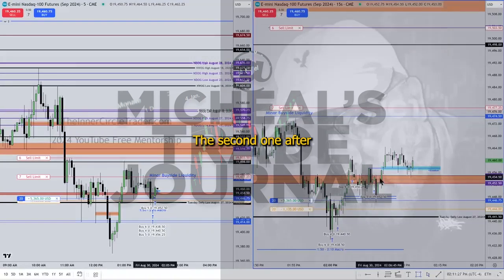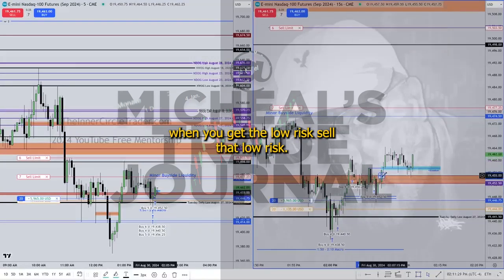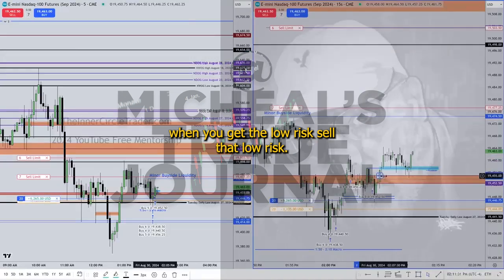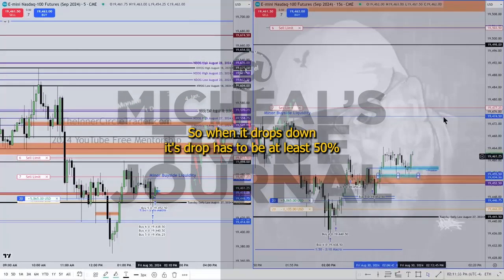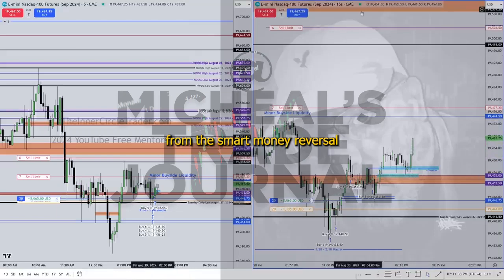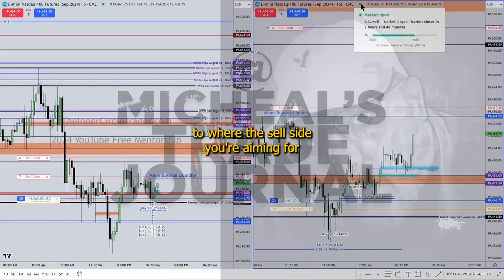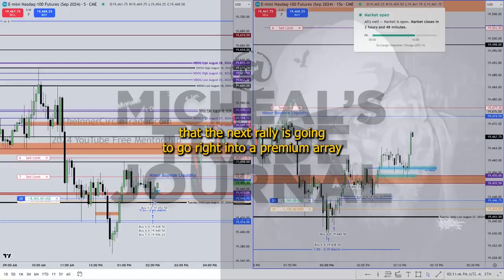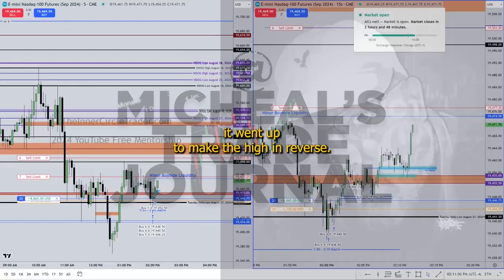the second one after, when you get the low risk sell, when it drops down, its drop has to be at least 50% from the smart money reversal to where the sell side you're aiming for is. As long as it does that, then I will trust that the next rally is going to go right into a premium array on the left side of the curve before it went up to make the high and reversed.